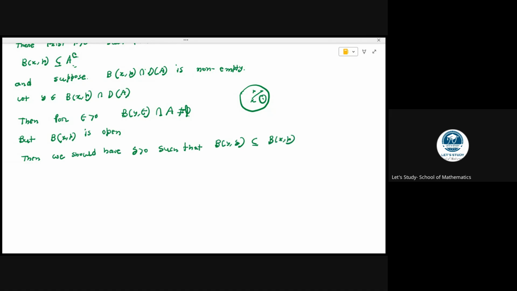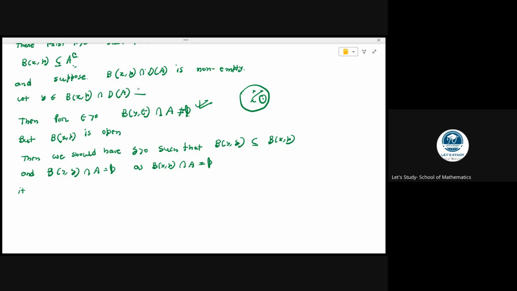Then B of y comma delta intersection A is obviously empty, as B of x comma r intersection A is empty. So it's a contradiction.